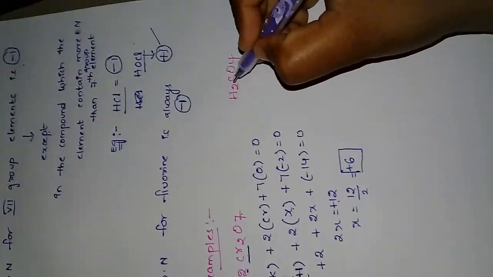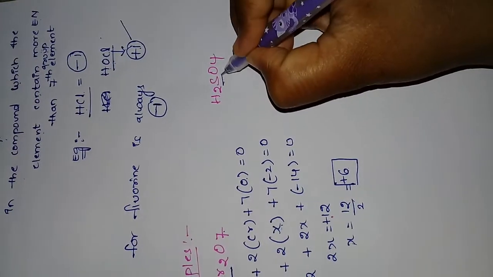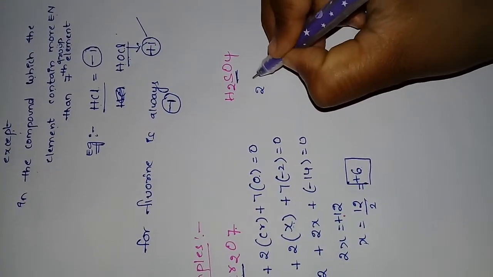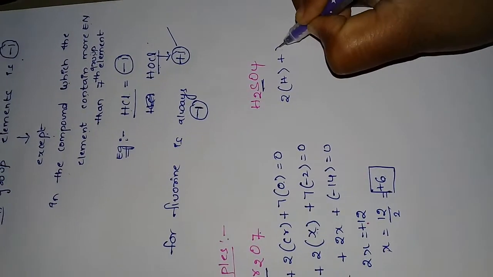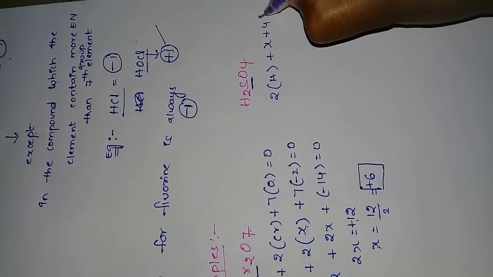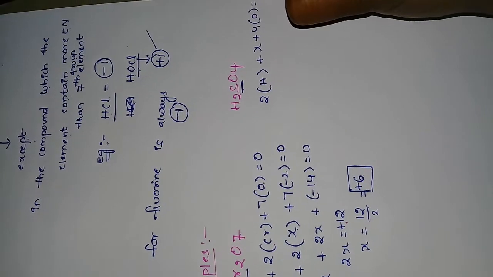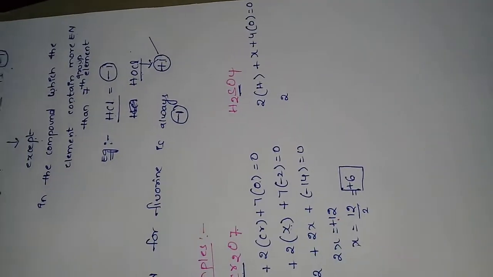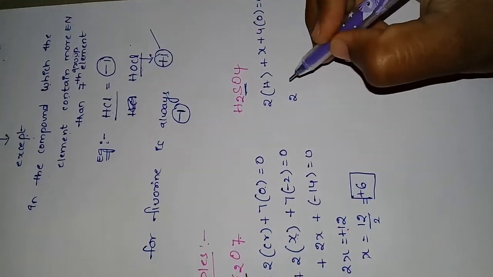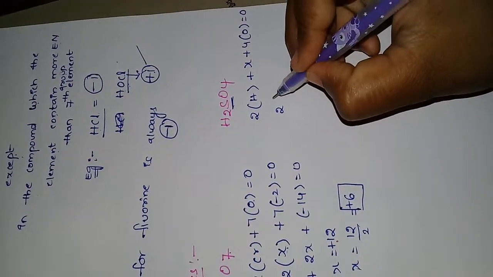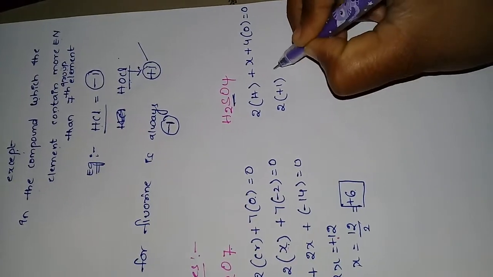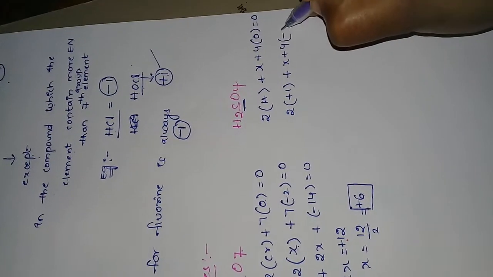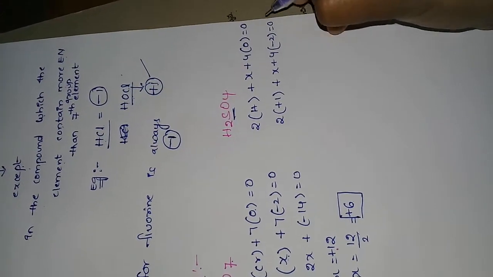Next, in sulfuric acid we find oxidation state for sulfur. Take 2 into H plus X plus 4 into oxygen is equal to 0. Hydrogen is always +1 according to the rules. So 2 into +1 plus X plus 4 into oxygen oxidation state -2 is equal to 0.